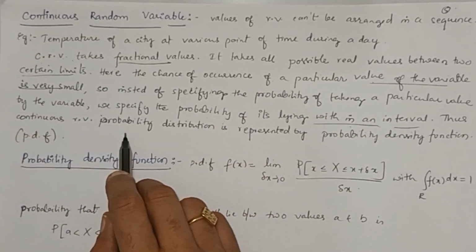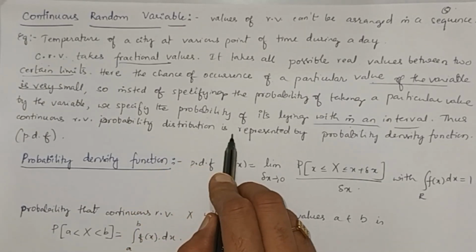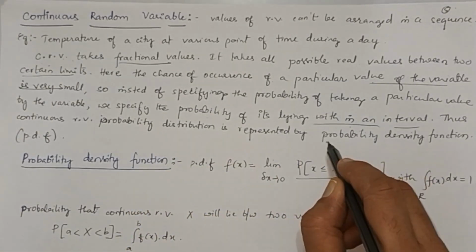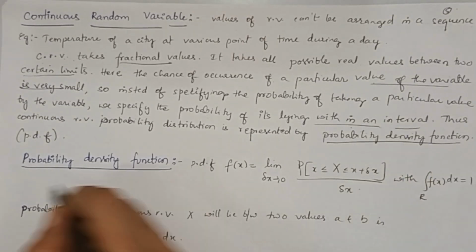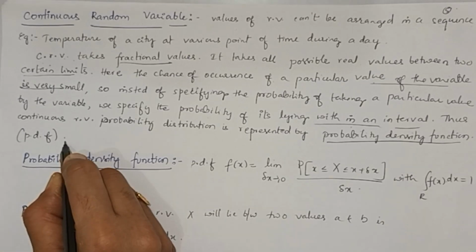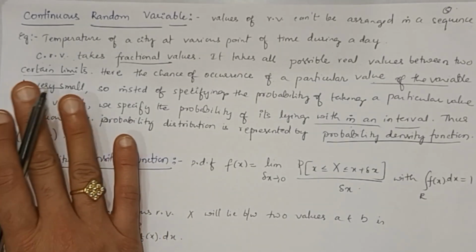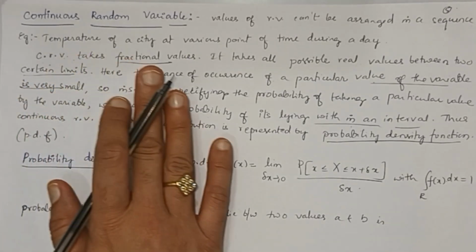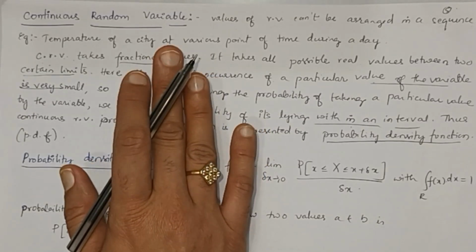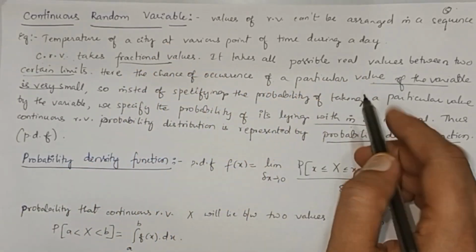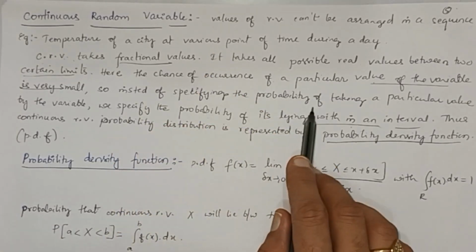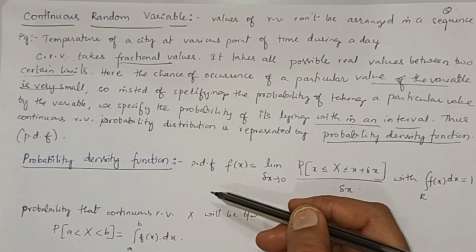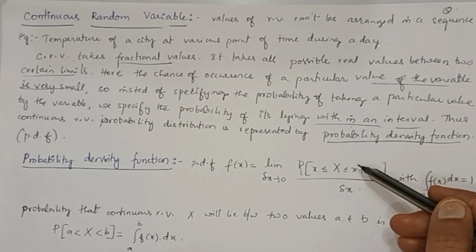This continuous random variable probability distribution is represented by a new function, which is probability density function. It is not probability mass function. So we can write it as a PDF. PMF is for the discrete random variable, where we are finding the probabilities for each and every value of random variable. Here in this case, as this random variable takes fractional values also, you can't keep on finding probabilities for each and every fractional value.